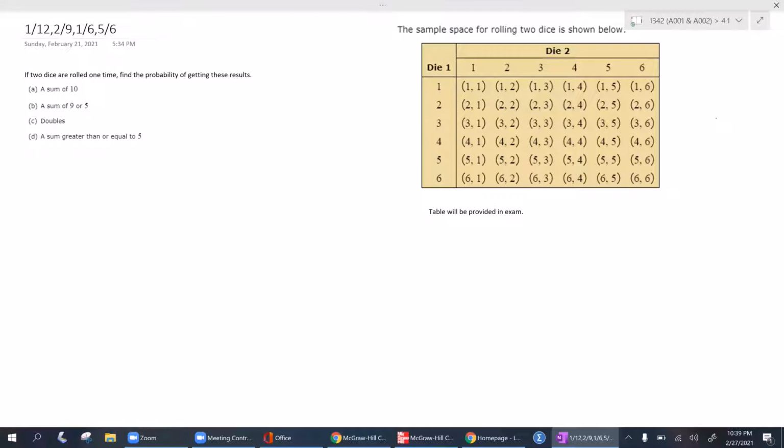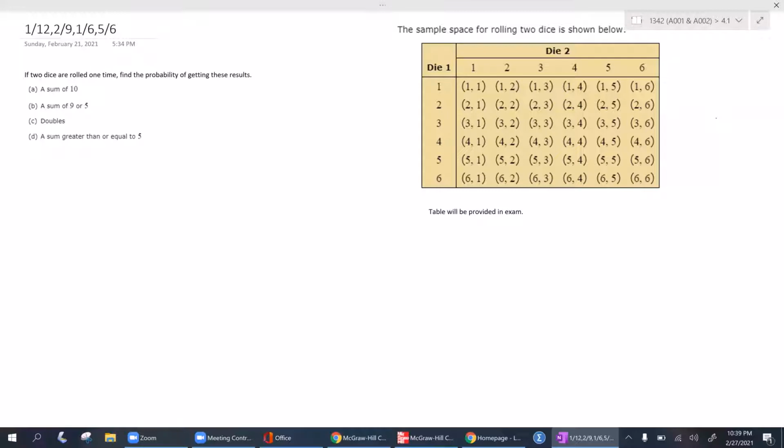So now we are going to be dealing with 2 dice. For an example like this, I am going to provide this table in the exam. You will not have to memorize this table, but I want to find out how to read this table.